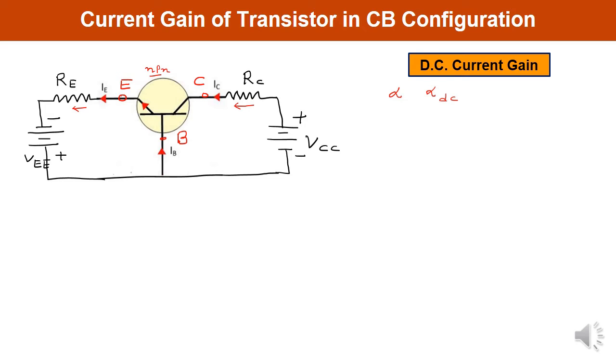So what is alpha here? It is the ratio of collector current, which is IC, to the emitter current, which is IE. This is how you can calculate it. You must remember all these formulas, as you may get a number of numerical questions. And you know that the value of collector current is always less than the value of emitter current.